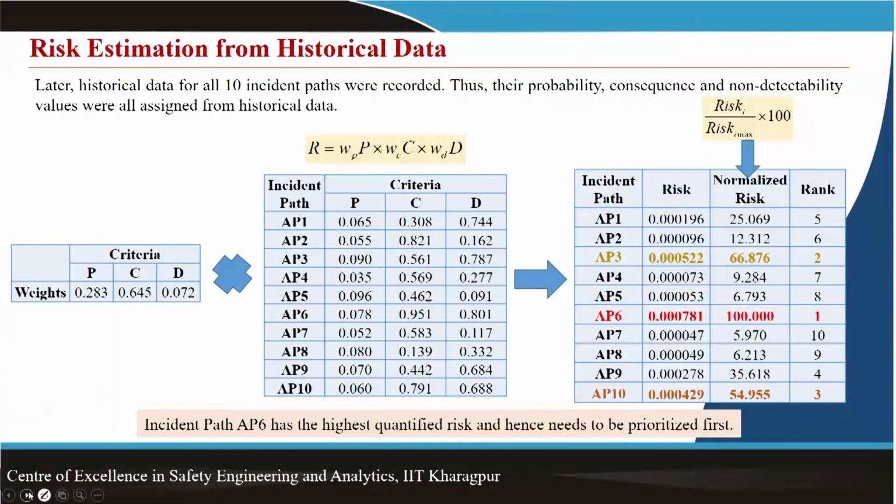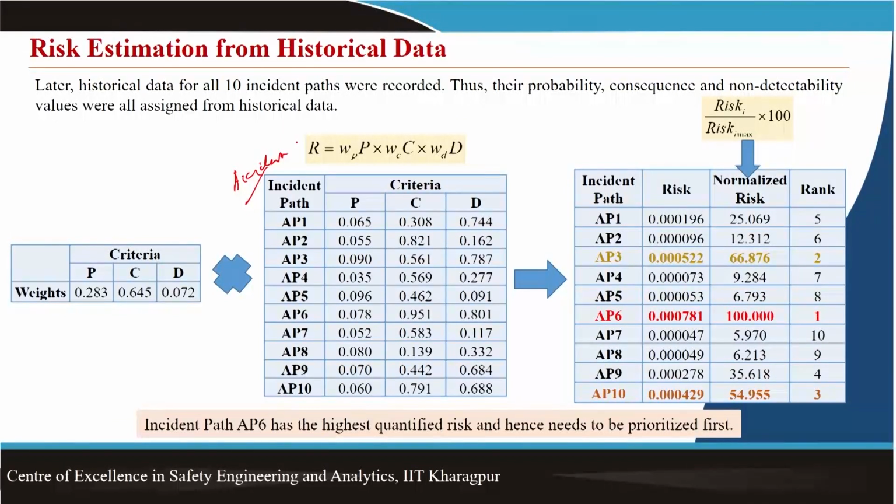Now suppose, forget about the previous one, except the Cripps weights, the defuzzified weights that you got. Suppose you have historical data, incident path or accident path, whatever you want to use here. So, accident/incident path.